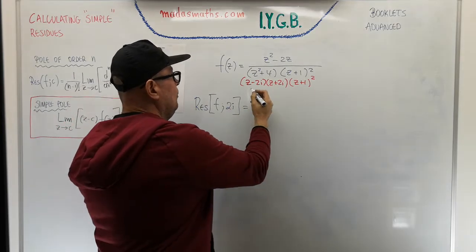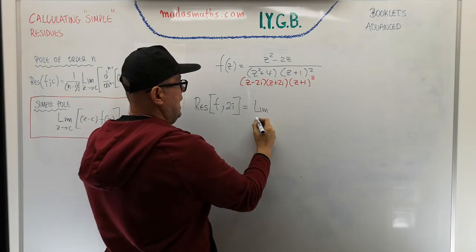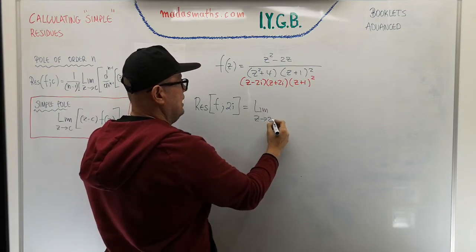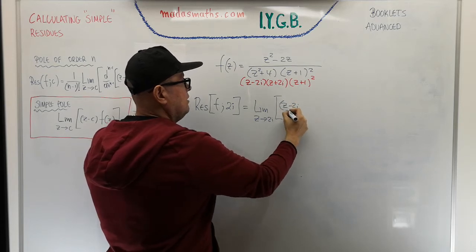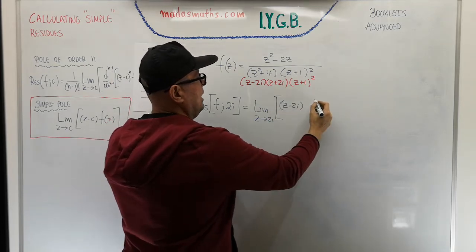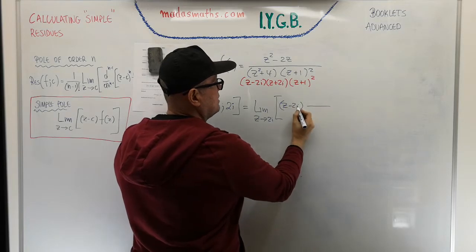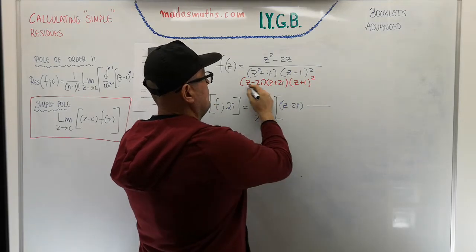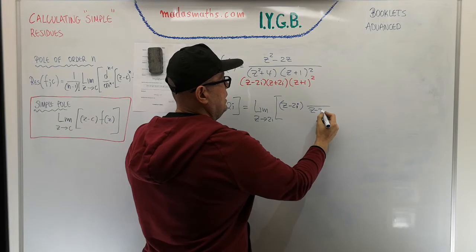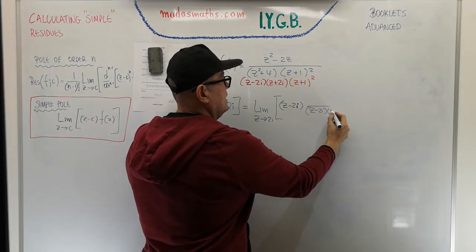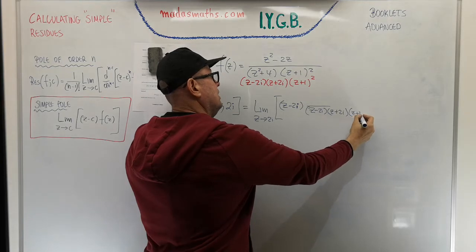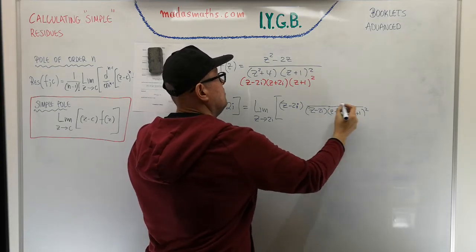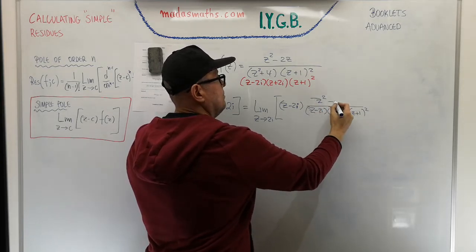That is a simple pole, so that's the limit as z tends to 2i of (z minus 2i) times f of z, and f of z is all of this, (z minus 2i)(z plus 2i)(z plus 1) all squared, with the numerator z squared minus 2z.